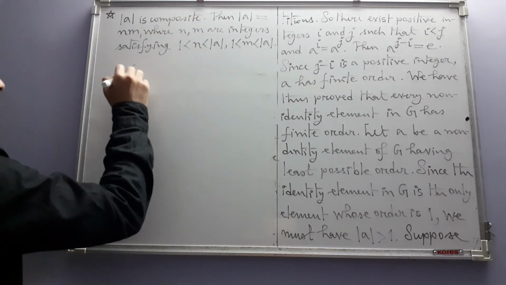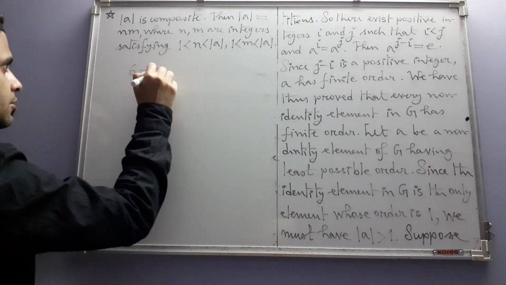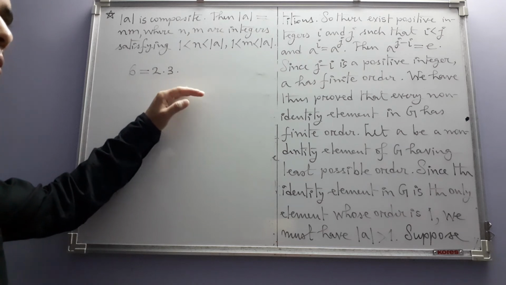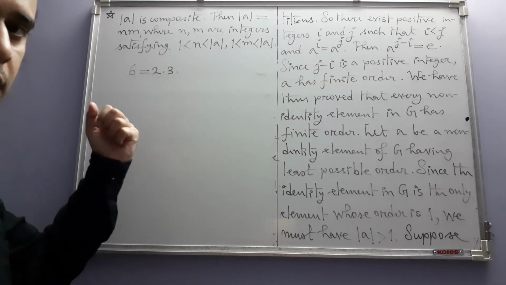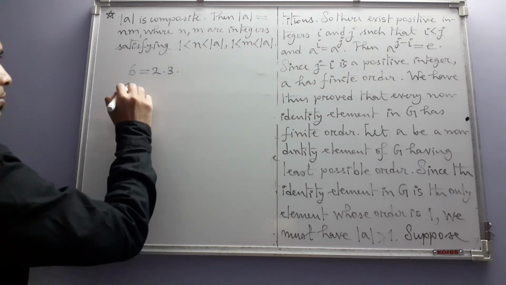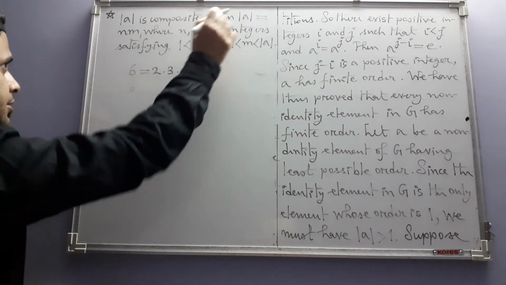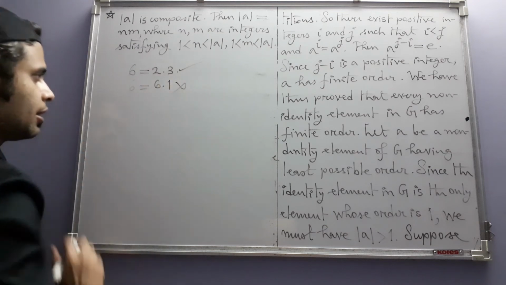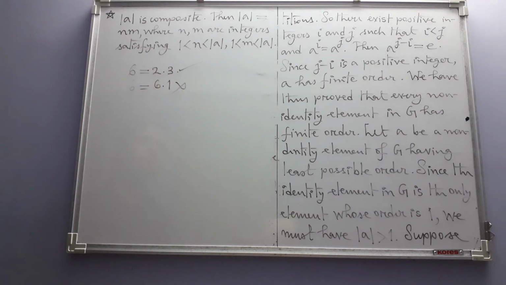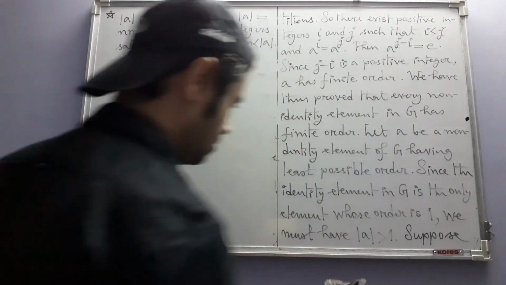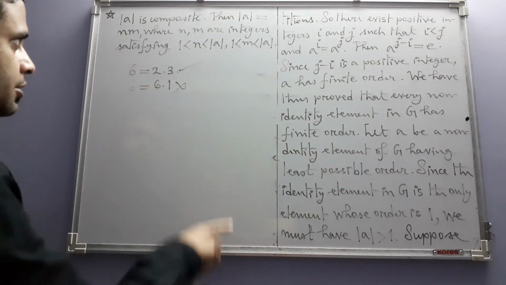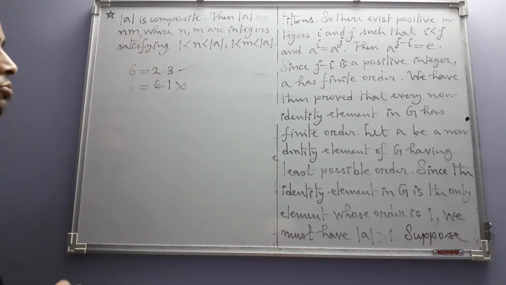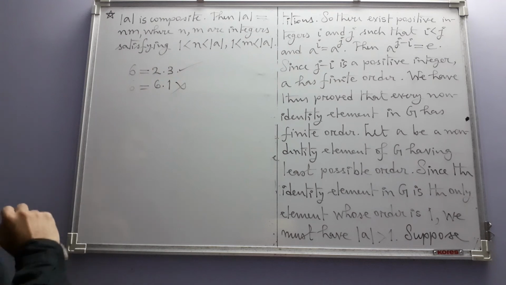It's like this: 6 equal to 2 times 3. Both 2 and 3 are greater than 1 as well as less than 6. This factorization of the order of a is like this and not like this. And because of our supposition, compositeness of this means there will be one such factorization.